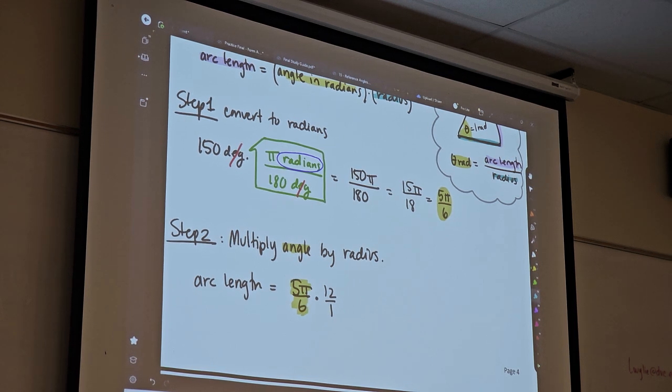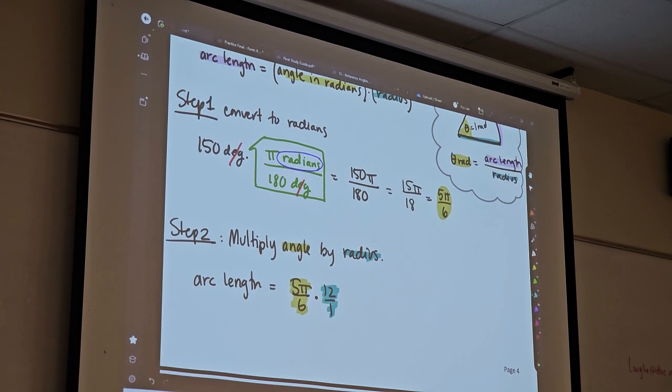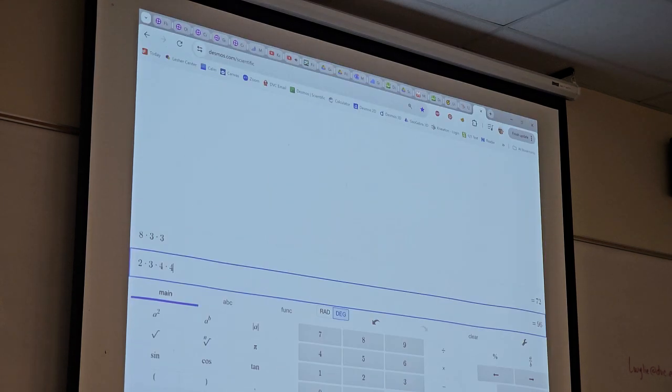Multiply fractions straight across, but look at how I am giving you a secret times 1 here. 12 divided by 6 is 2, and 2 times 5 is 10, 10 pi. But if you did this, you'd still see 10 pi. Done.